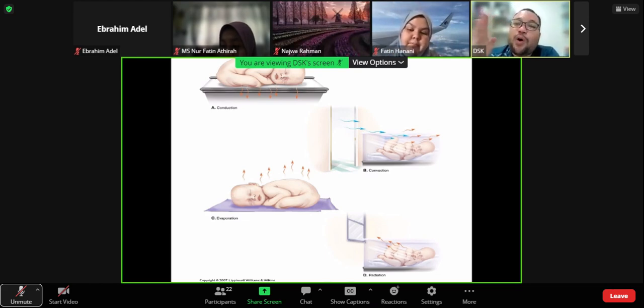Tepid water, lukewarm water, room temperature water. We make sure the cloth is only a bit damp, and we dab it on the skin, the whole body. When there are droplets of water on the skin, first there'll be heat transfer by conduction.